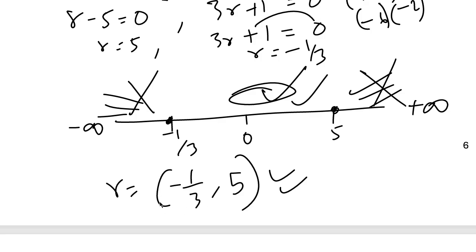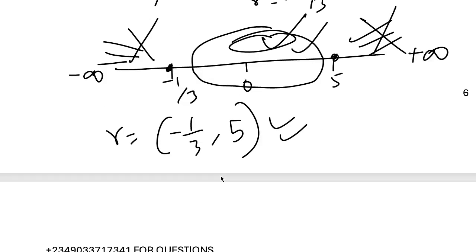I'm using parentheses, as in my videos on functions, because minus 1 over 3 and 5 are not included. We are just concentrating on values in between minus 1 over 3 and 5. Those are the values for which the equation will have real and distinct roots.